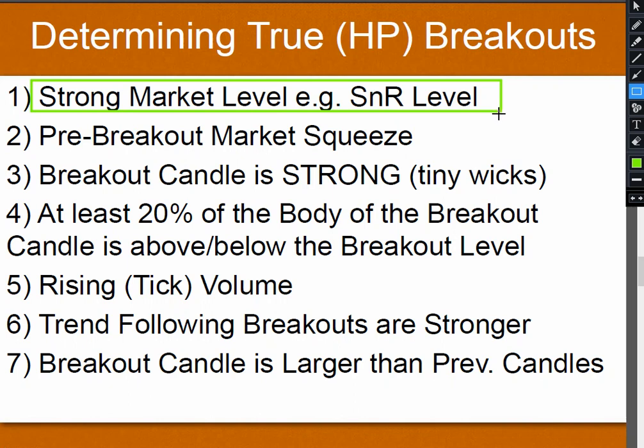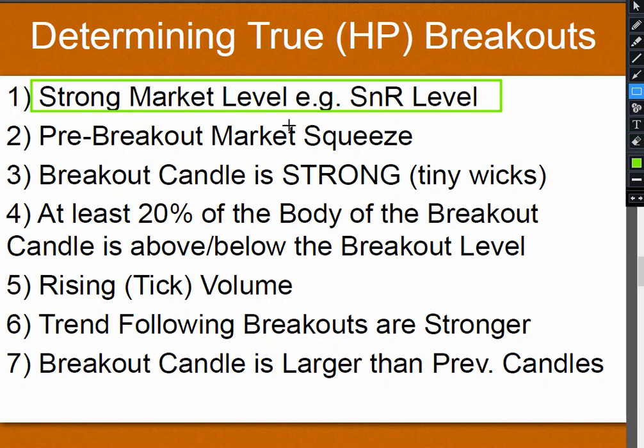For my particular preference, I want the breakout to happen at a strong and reliable market structure level, like a support or a resistance level. If I see a strong, long candle, and I can't see support or resistance, I will ignore it. I want the candle to break a support or a resistance. So that is qualification number 1.